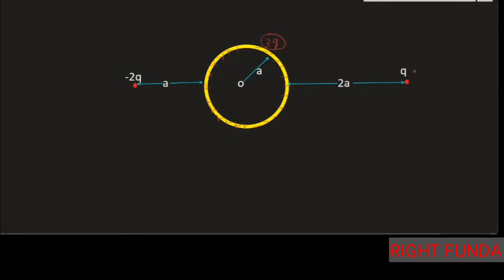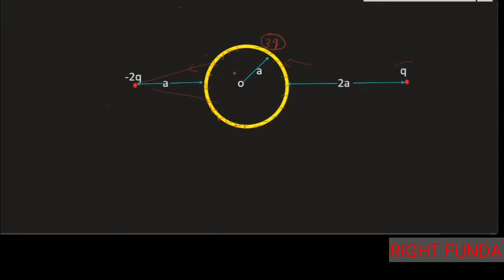If it is a metallic conductor, then whatever charge you put in the outside world does not contribute to the net field inside. Their effect will not be there because the electric field lines will be terminating here, from positive charge to negative charge.